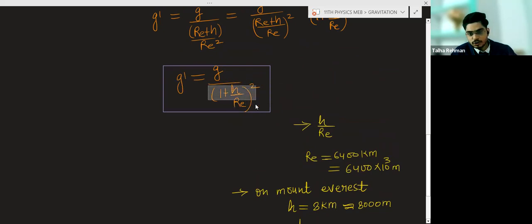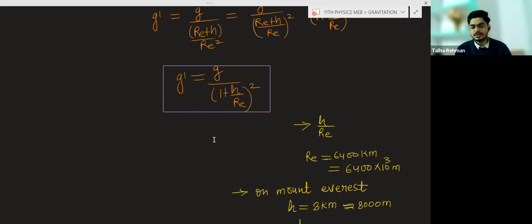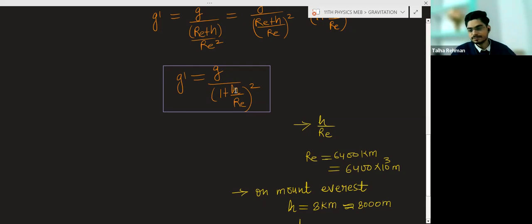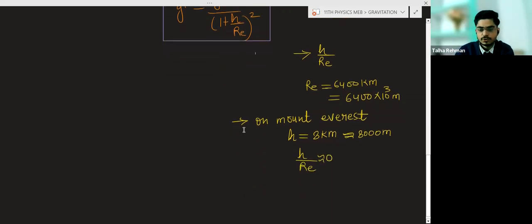Means this denominator will become 1, means G dash is equal to G. So on Mount Everest, there will be slight changes in the value of acceleration due to gravity, but there will be changes. Generally, this H by RE value is small.